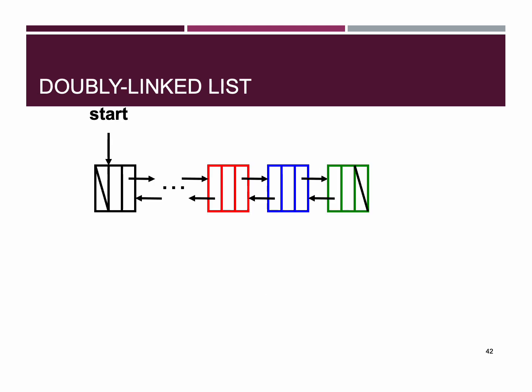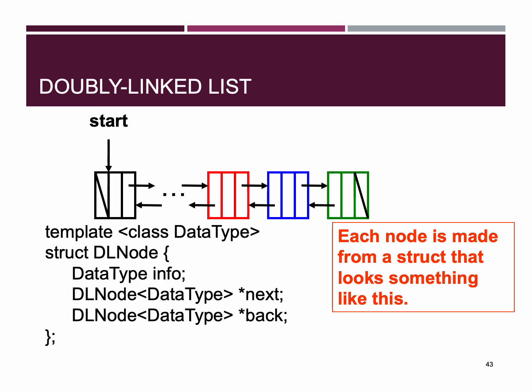Now, here is an example of a doubly linked list. It is a variation of the linked list that provides additional flexibility. In a doubly linked list, each node contains two pointers. If you look at this example, one pointer, next, points to the next node in the sequence.